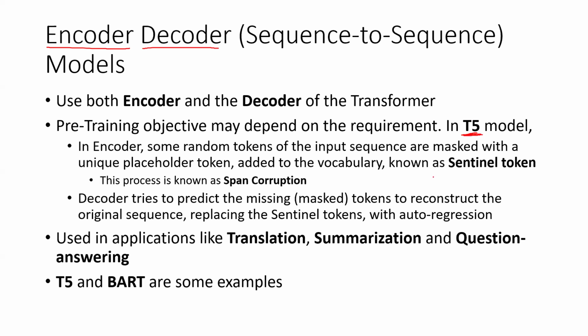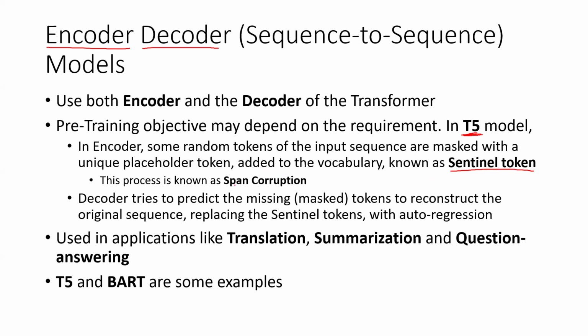There's no single way, but in the T5 model, how it is learned is that a sequence of words is removed at once and replaced with a single token known as a sentinel token, and the model is asked to predict the missing tokens.